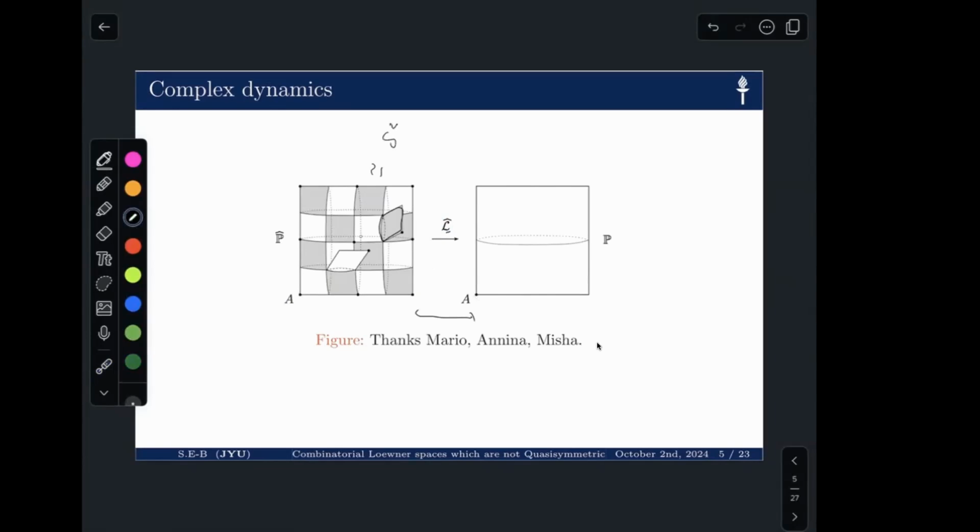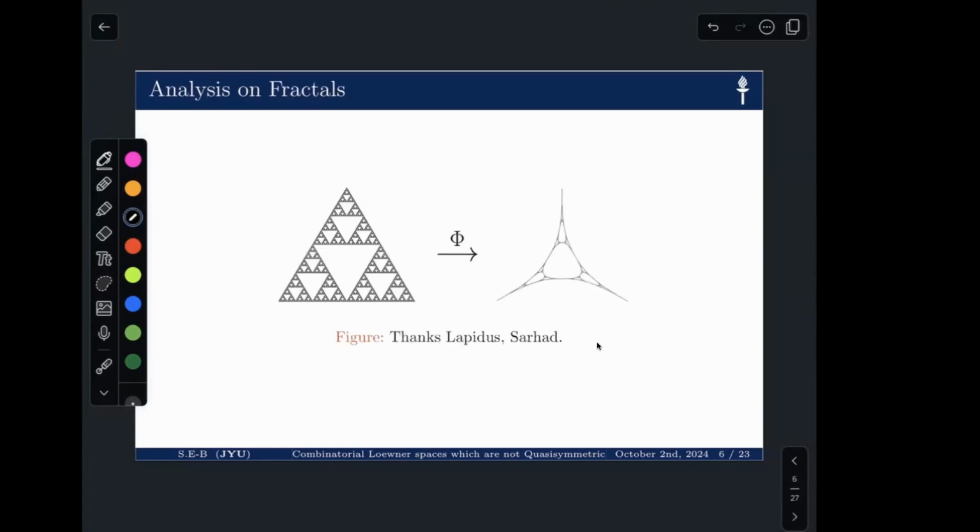So this equivalence problem, in this fractal language, is a question about whether a certain metric space, or certain conformal gauge, contains the spherical metric. Okay, so this is obviously an interesting question, and a difficult question even in many simple examples, as one can see from Mario's, Annina's, and Misha's nice work.